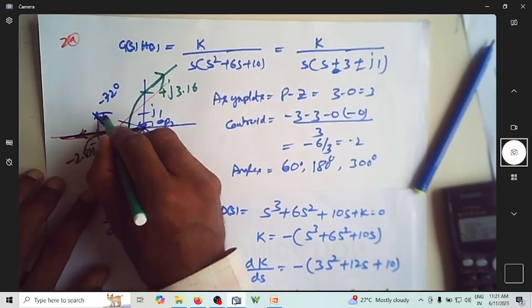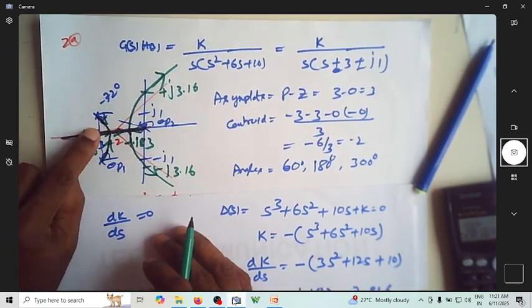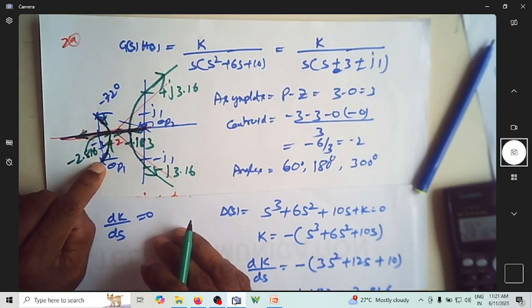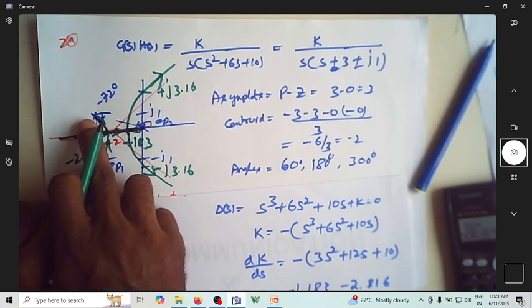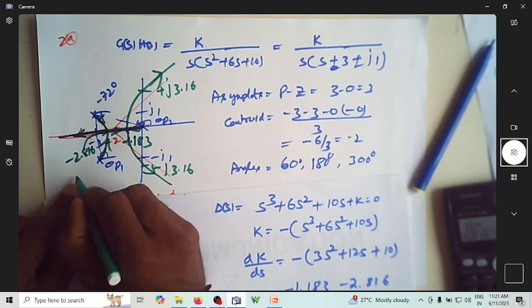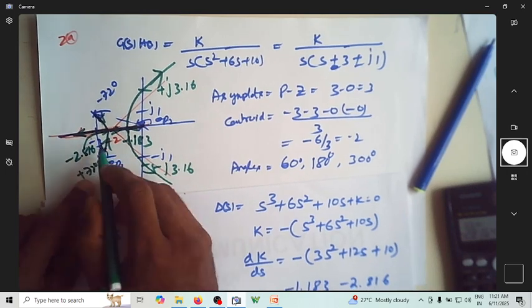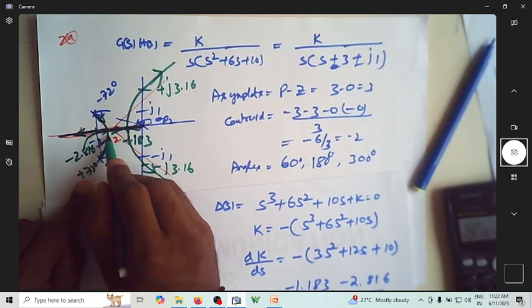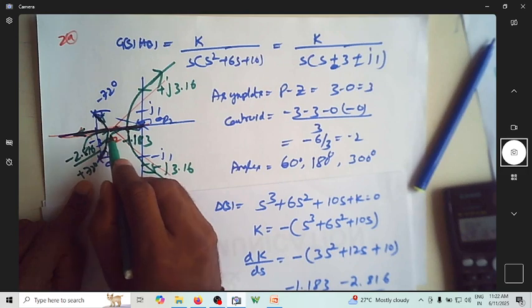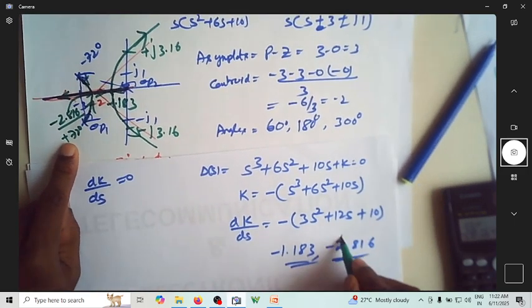Actually, the root locus departs from minus 3 plus j1 and minus 3 minus j1. It departs with angle of minus 72 degree here. This departs with angle of plus 72 degree, and then they actually break here. They're going to meet here at minus 2.816, which is one of the breakaway points which we found here.